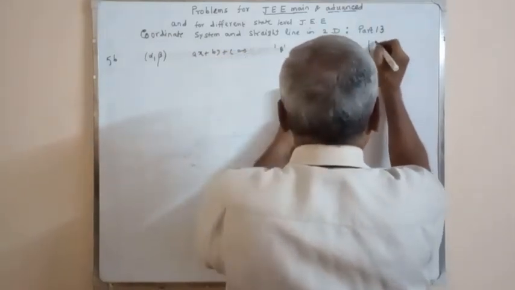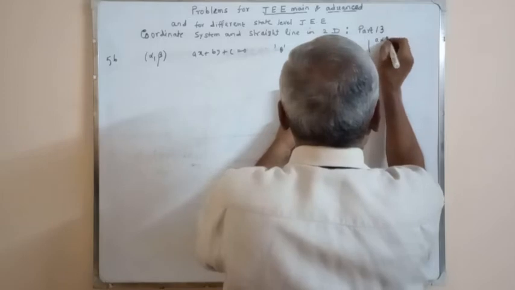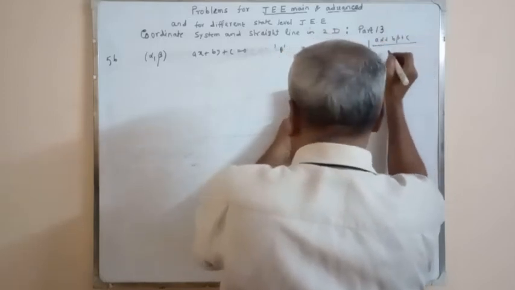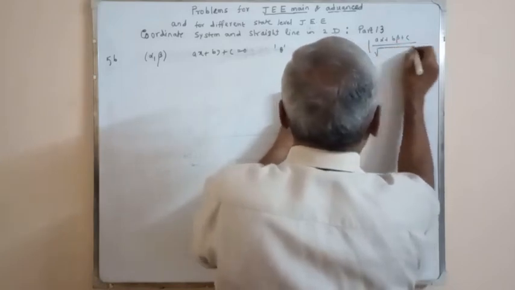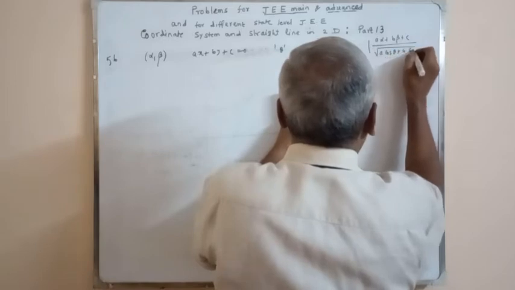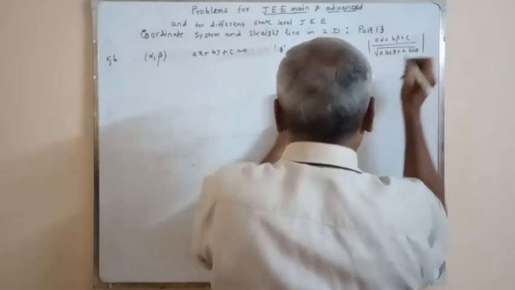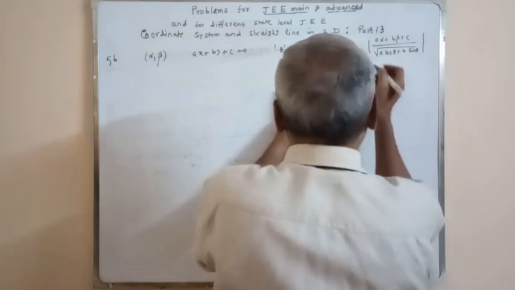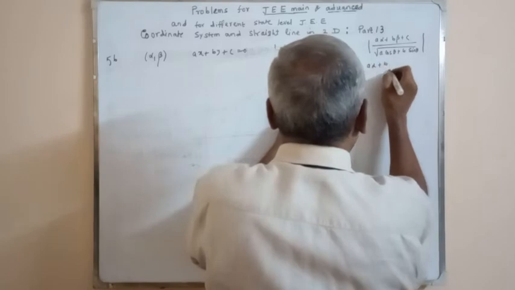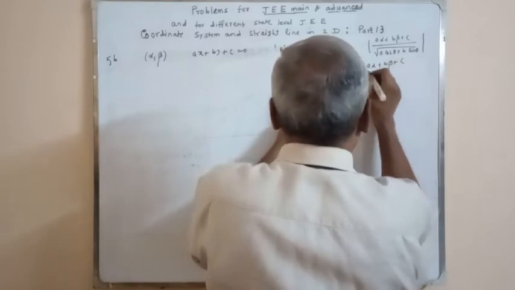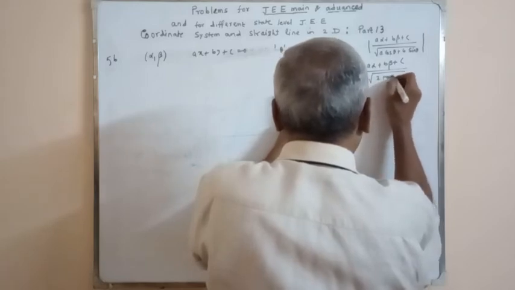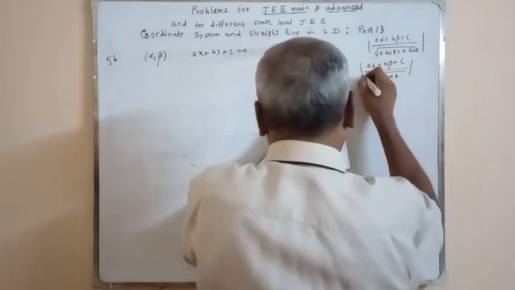Modulus of a alpha plus b beta plus c by root over of a cos theta plus b sin theta, modulus sign. Then a alpha plus b beta plus c divided by root over of 2 plus 2 tan theta, modulus sign.